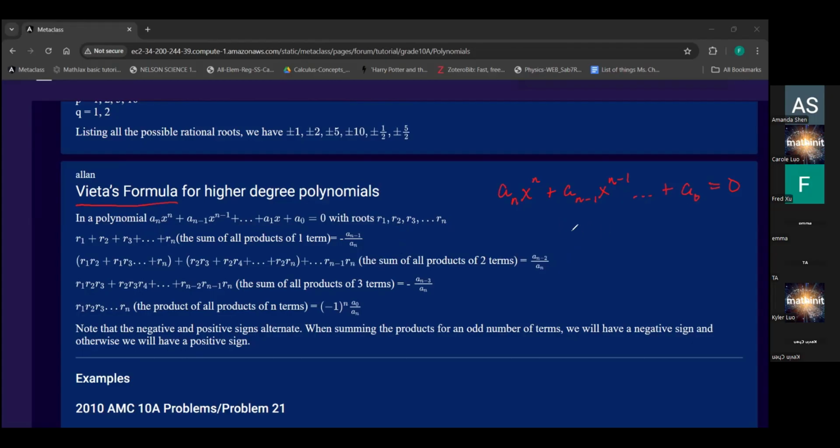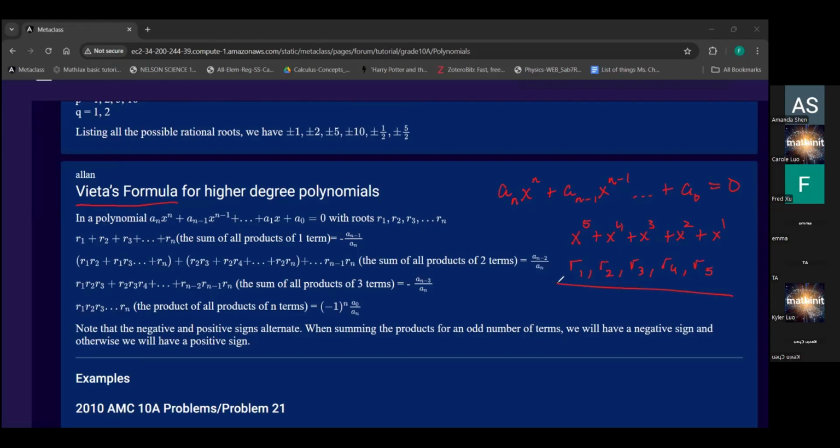So basically, if we have a polynomial, let's just say x to the 5 plus x to the 4 plus x to the 3 plus x to the 2 plus x to the 1, there are roots of R1, R2, R3, R4, and R5.